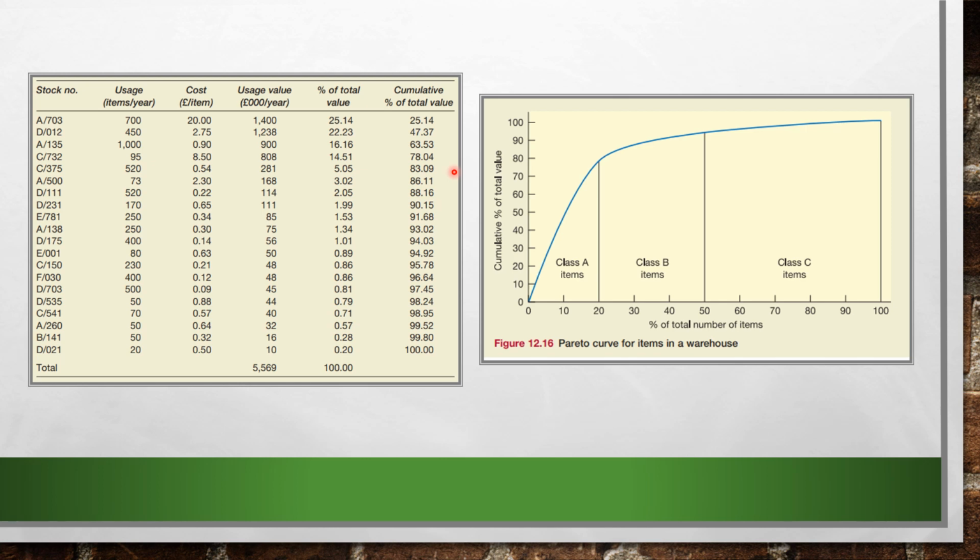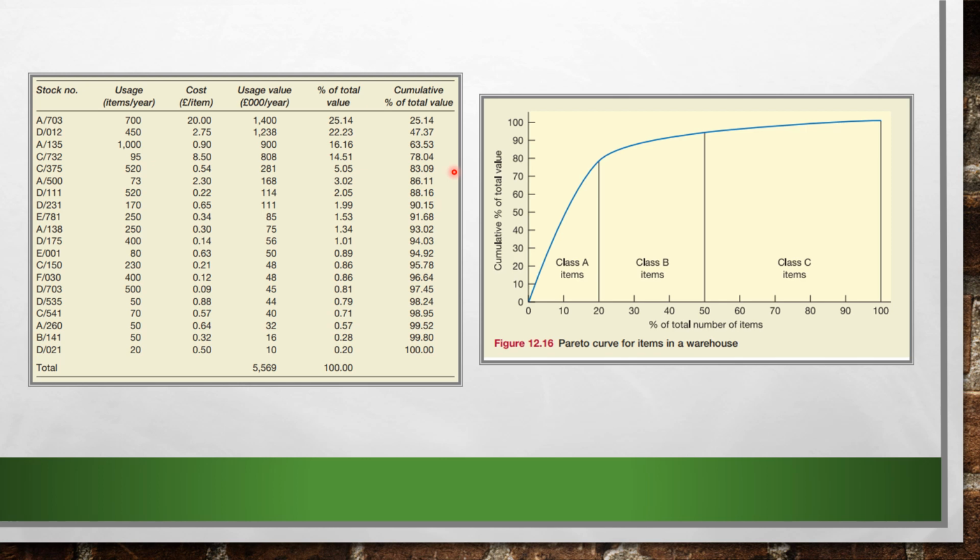So the company will monitor the usage and ordering of these items very closely and very frequently, because a very little improvement in order quantities or safety stocks for these items could bring significant savings.